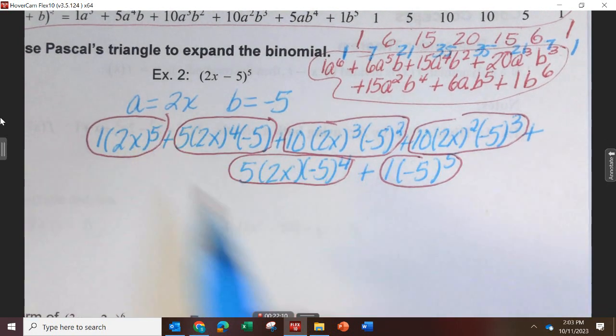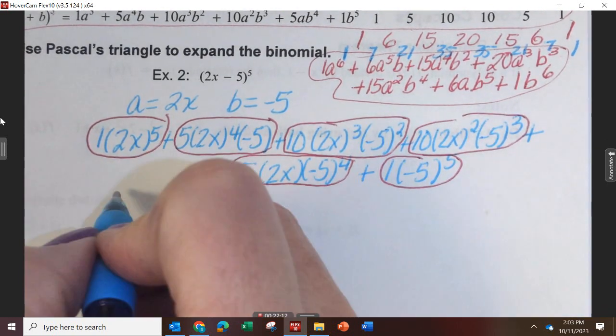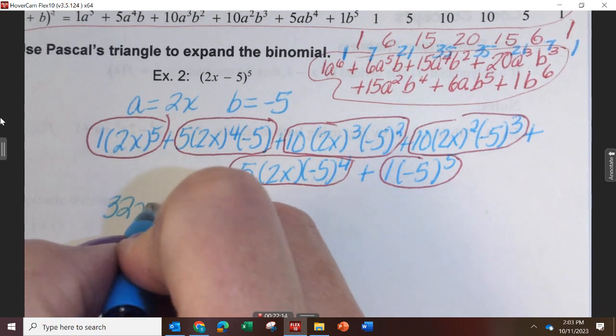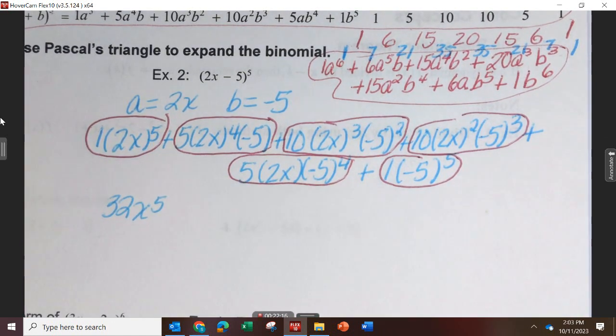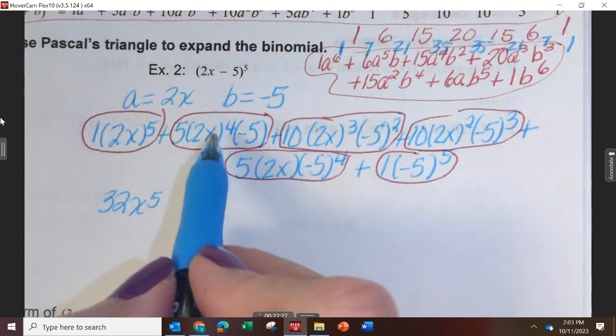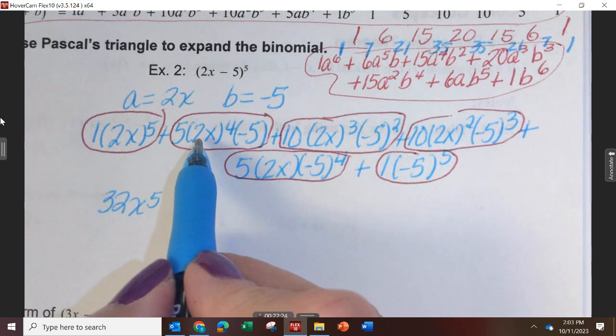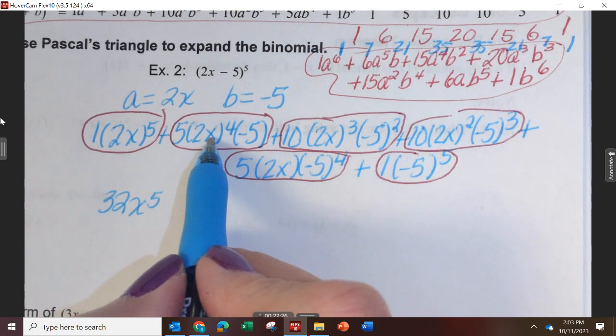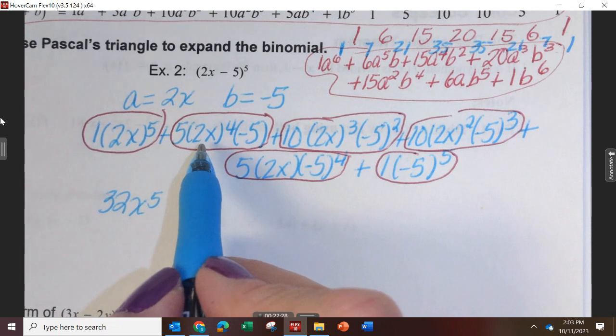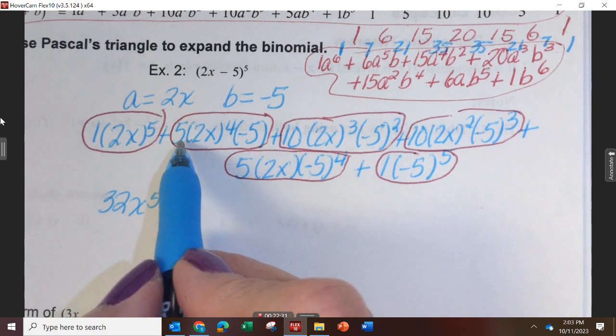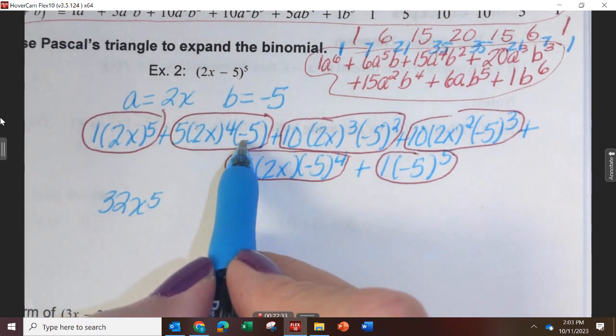What's 2x to the 5th? Okay. Keep on going. We're going to have to do 2 to the 4th and x to the 4th. So that's 16x to the 4th. And what's 5 times negative 5?